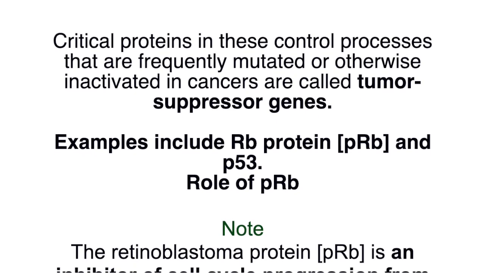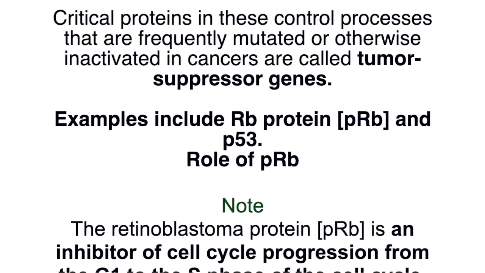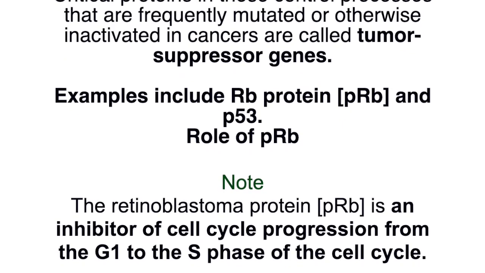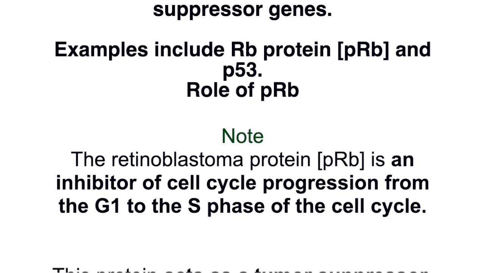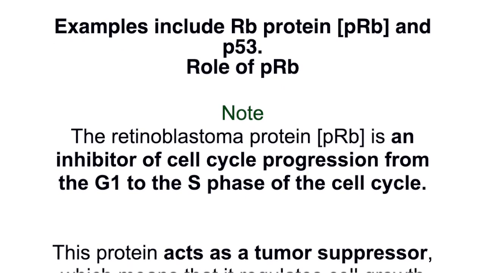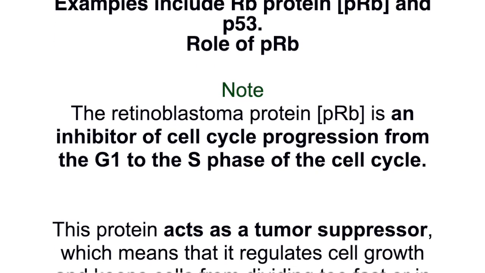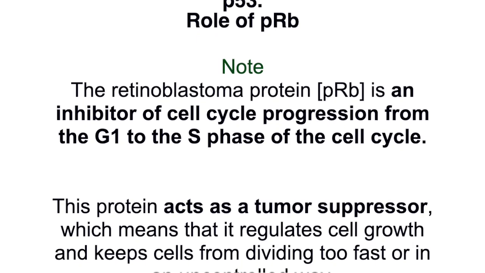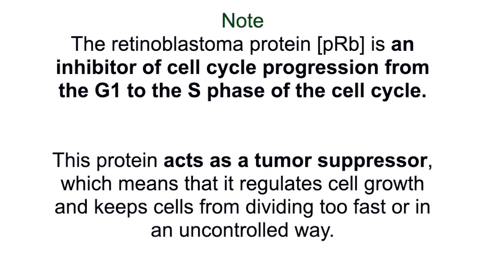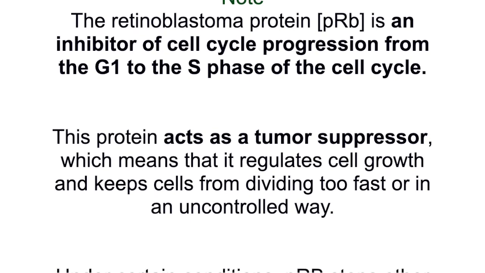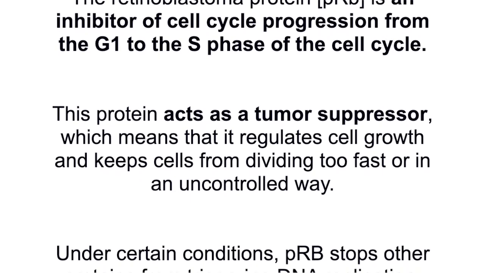Role of pRB. Note, the retinoblastoma protein, pRB, is an inhibitor of cell cycle progression from the G1 to the S phase of the cell cycle. This protein acts as a tumor suppressor, which means that it regulates cell growth and keeps cells from dividing too fast or in an uncontrolled way.